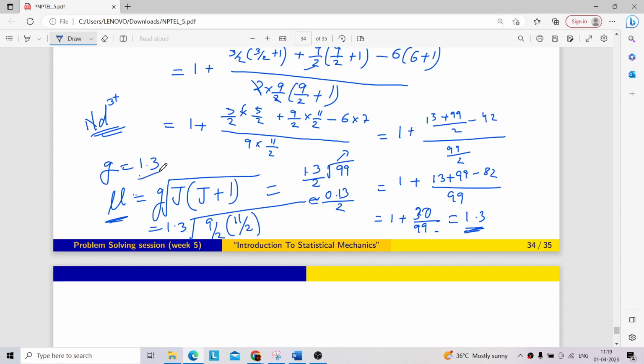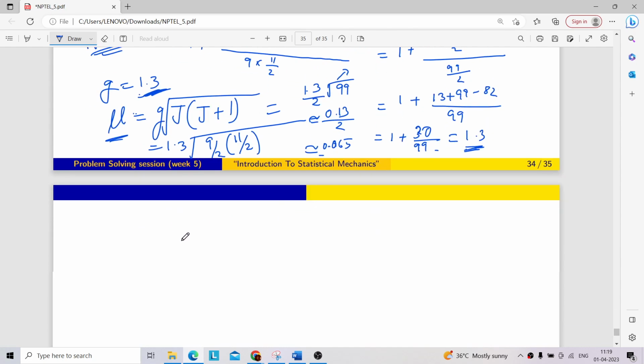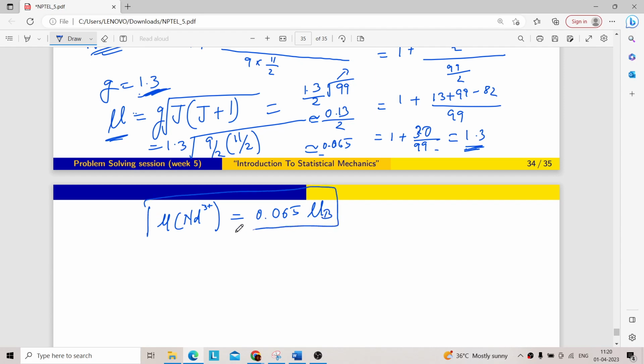This 1.3 is not correct, you have to check it, but I am proceeding with this. So this is 0.065. This is the magnetic moment for this atom Nd3+. What is this value? 0.065. And what is the unit? This unit is Bohr magneton.